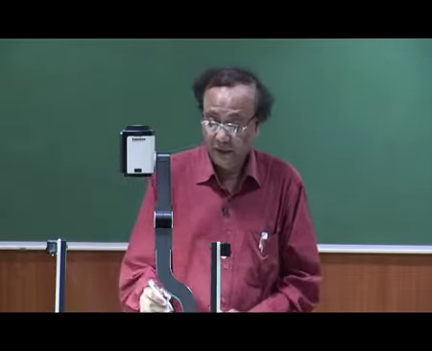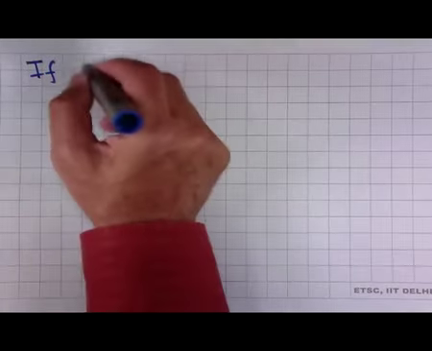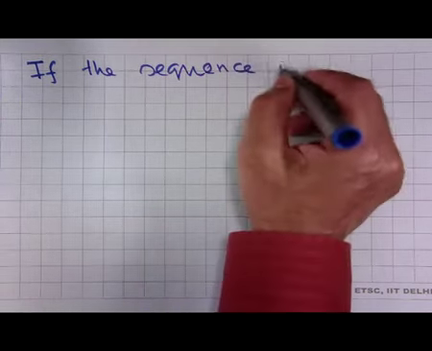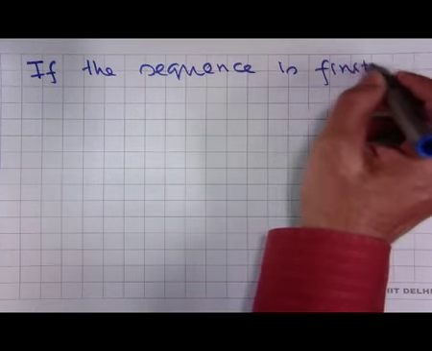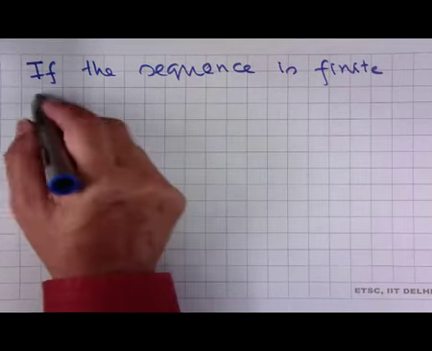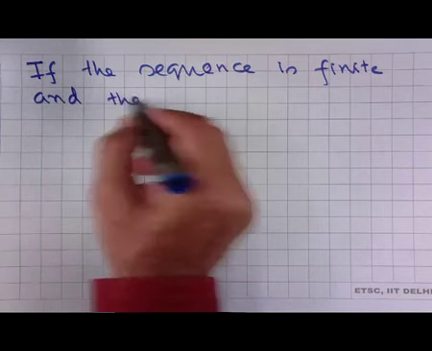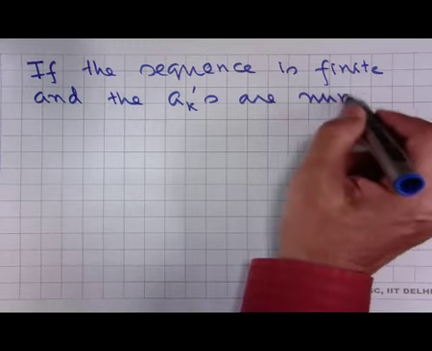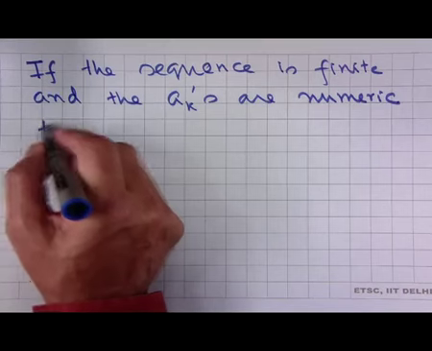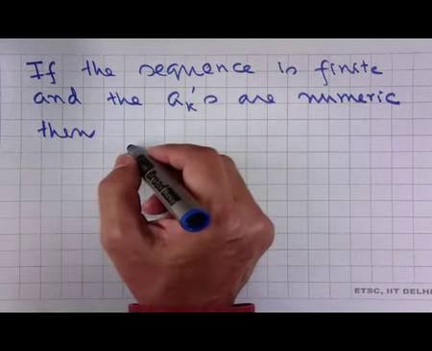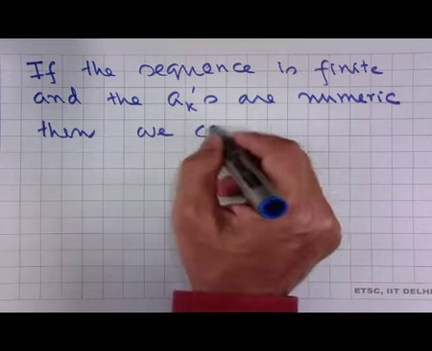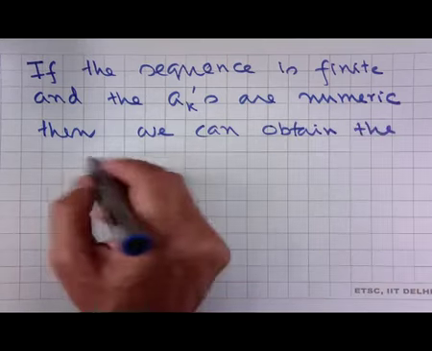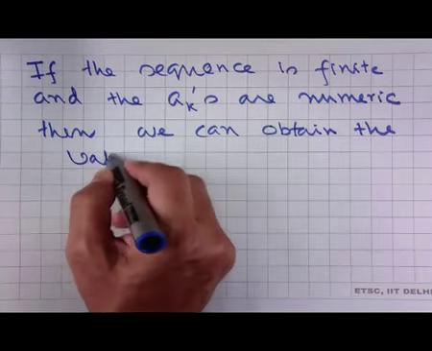Now, if the sequence is finite and the terms are numeric, then we can easily obtain the value of the series or sum of the series.